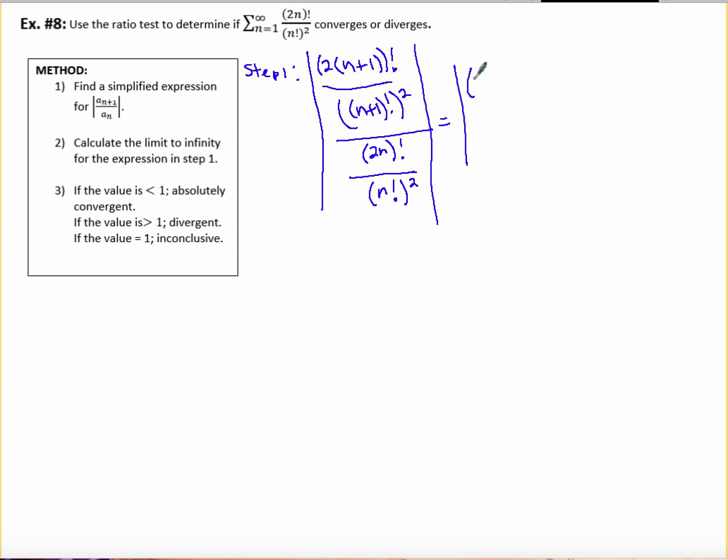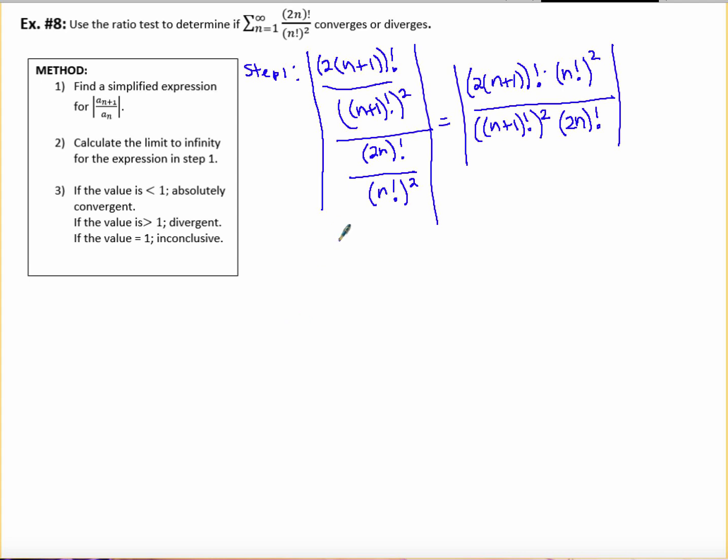This is going to give me 2 times the quantity n plus 1 factorial times n factorial squared, all divided by the quantity n plus 1 factorial squared times 2n factorial. Ooh, this is going to be a fun one to stretch out. I'm excited. Here we go.